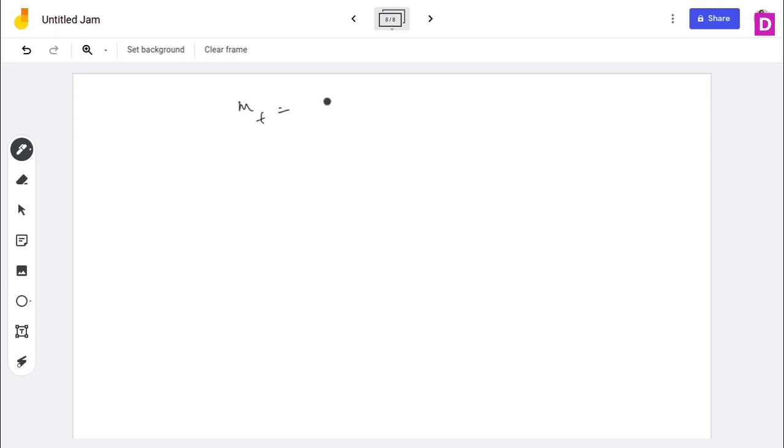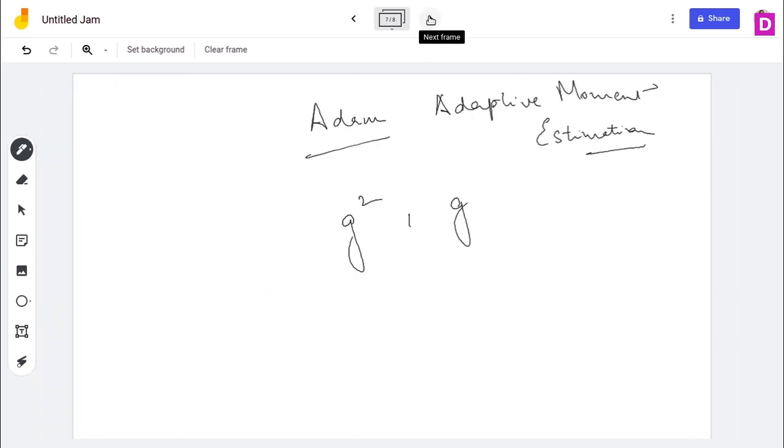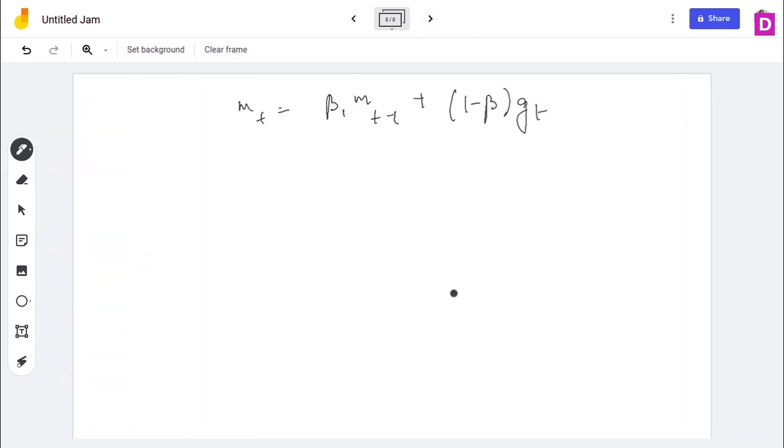Now these are the equations for Adam. So this is mt equals beta 1 times mt minus 1 plus 1 minus beta 1 times gt. Now this is quite similar to the equation for ADA delta. So this is basically the EDA, or kind of a momentum term, for mt. Here vt is again equal to the same thing: beta 2 times vt minus 1 plus 1 minus beta 2 times g squared t.